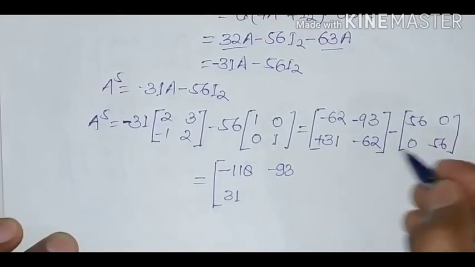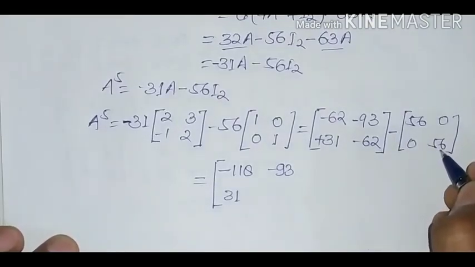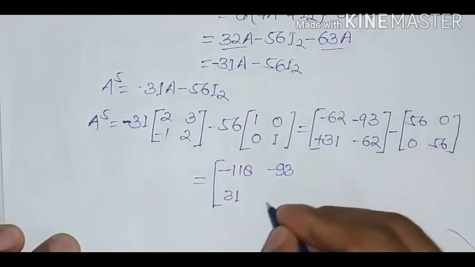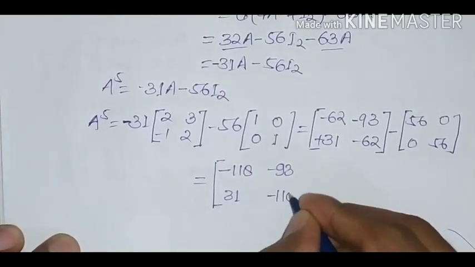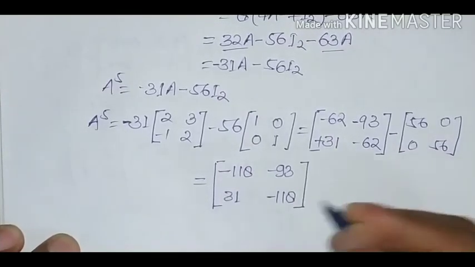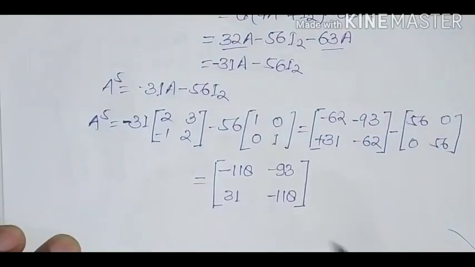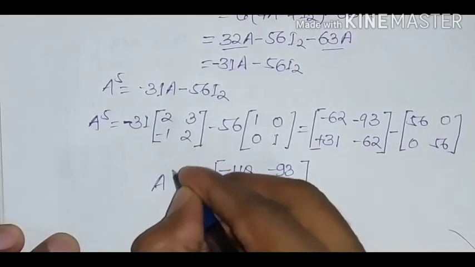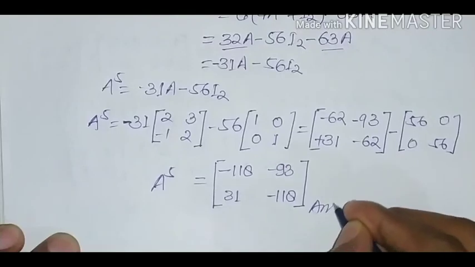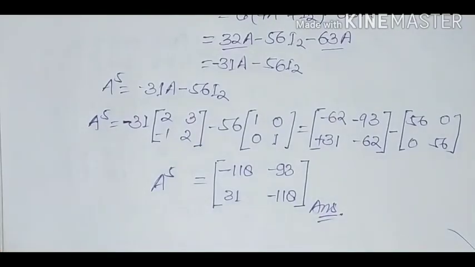Again minus 62 minus 56 will be minus 118. Then this is our answer, and this is the value of a to the power 5.